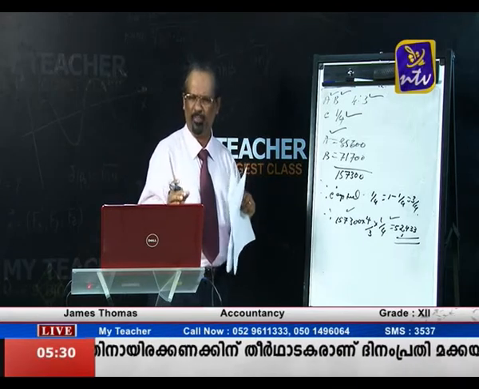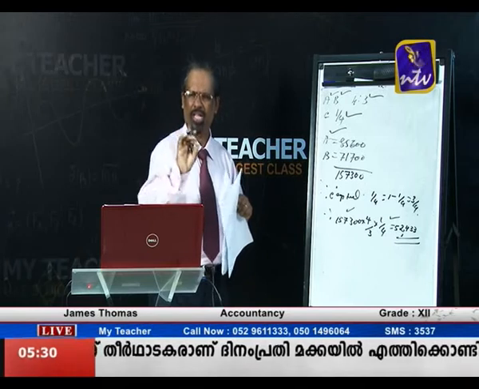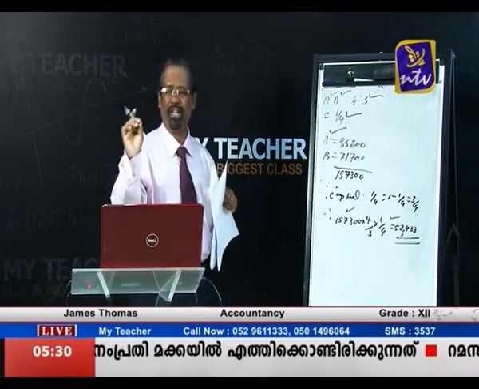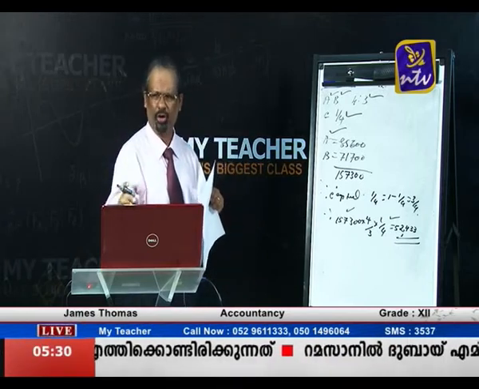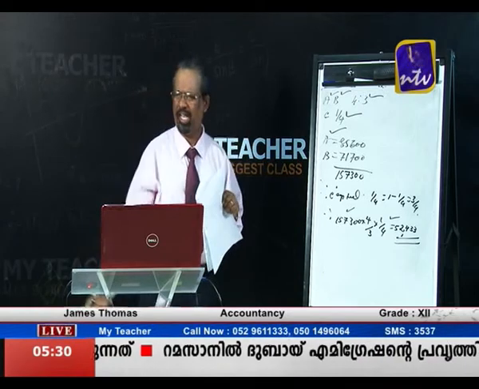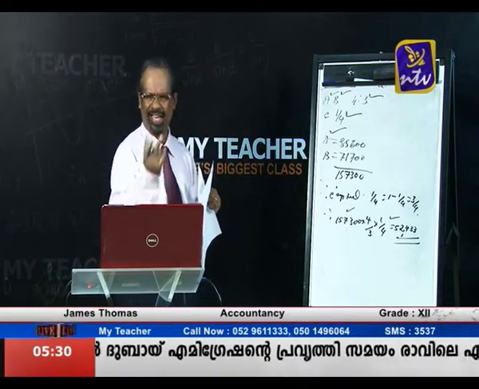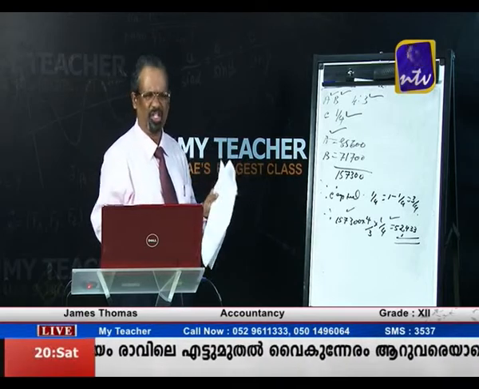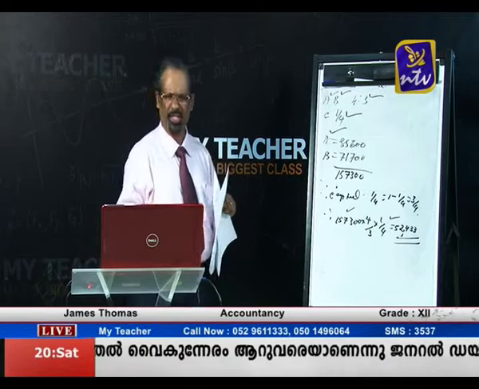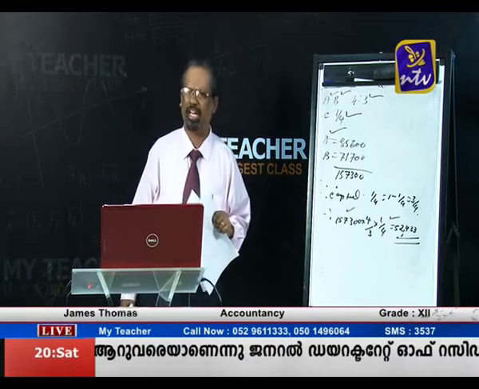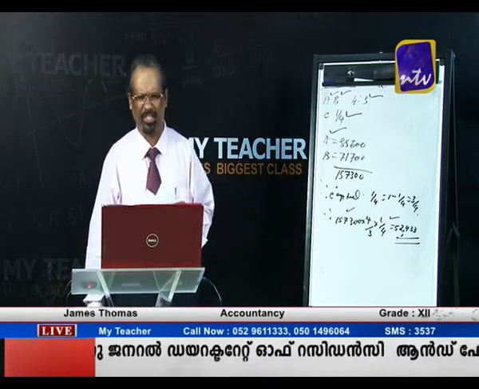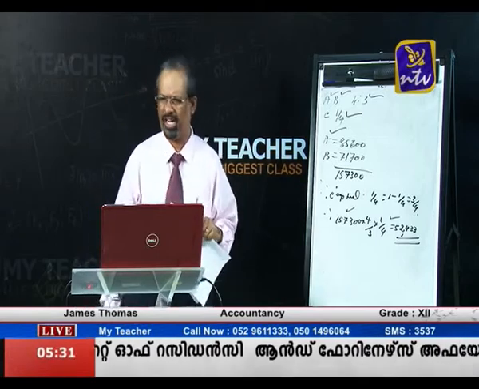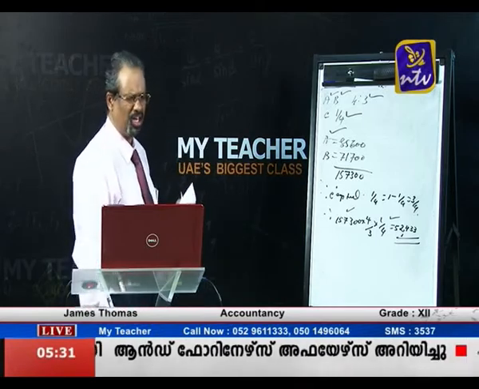Afterwards, find out the difference. The difference may be a profit or a loss. If the credit total is more than the debit total, we are getting a profit, and vice versa, we are getting a loss. So that is the third adjustment.